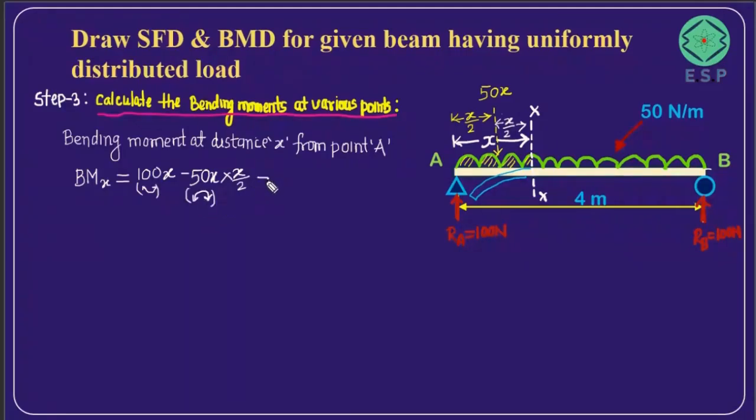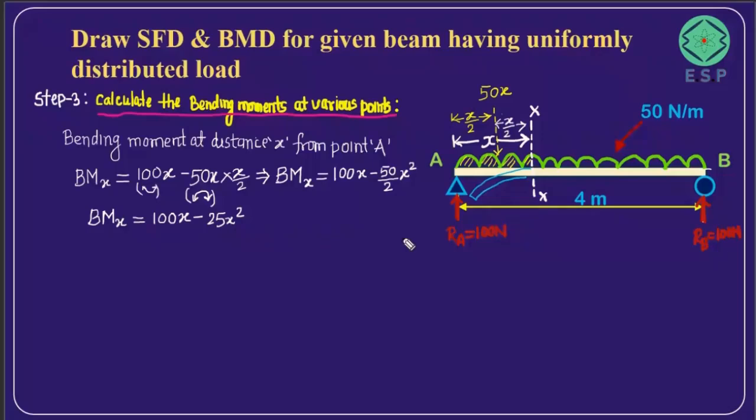Okay, so if I simplify this, you'll be getting the expression for bending moment at section x as BM x equals 100x minus 50 by 2 x square, or we can simplify it as 100x minus 25x square. So this is the expression of bending moment at various points of the beam from point A to B.